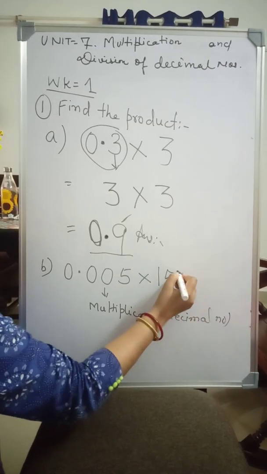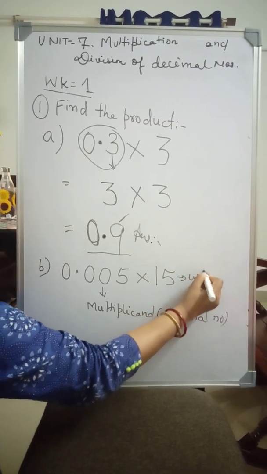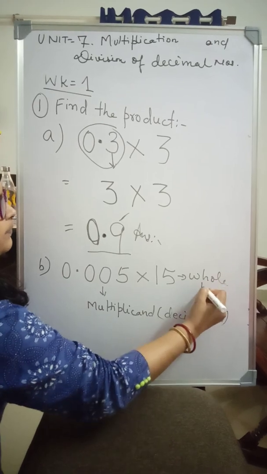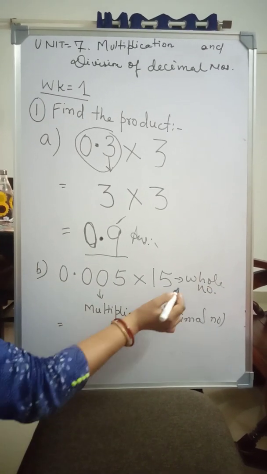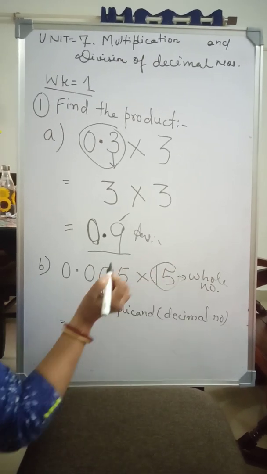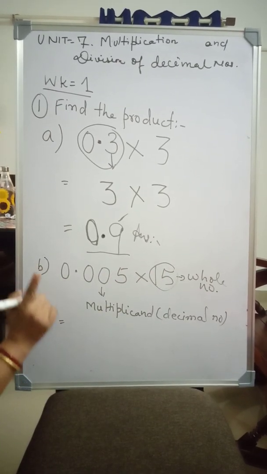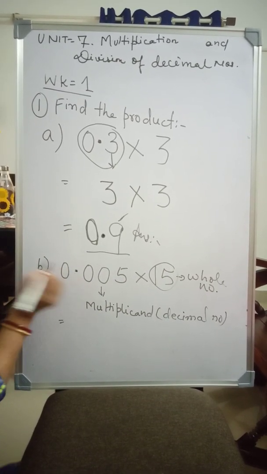And this 15 is a whole number. Now, 15 is the multiplier. So in the first step, we have to forget about this decimal.